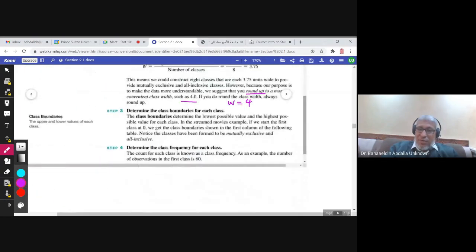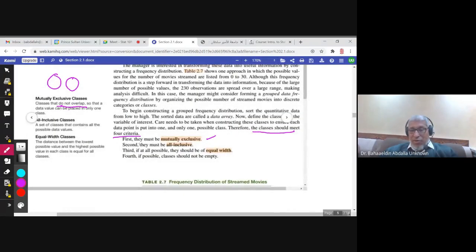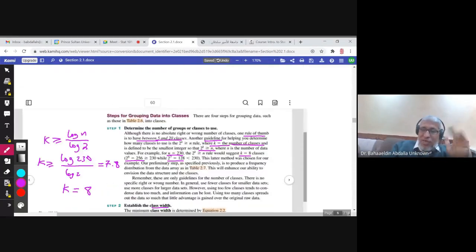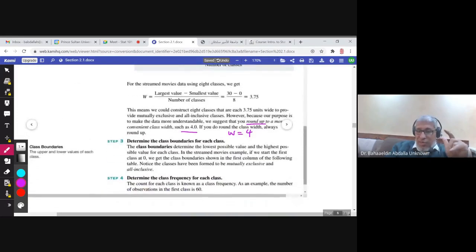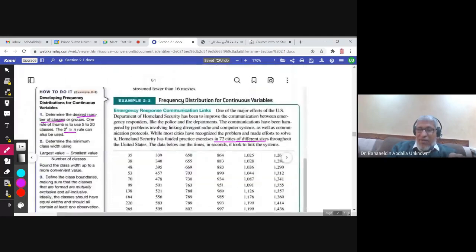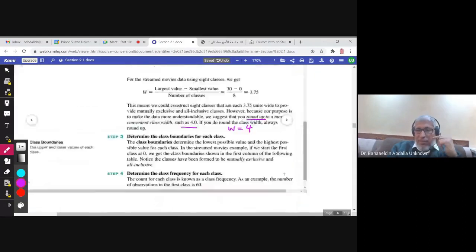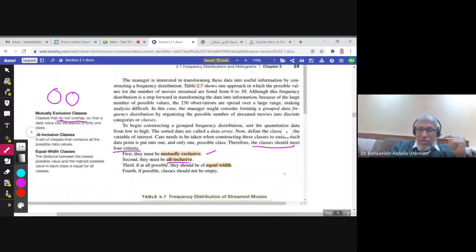The second point is that the classes should be all inclusive, meaning they contain all the data. All the data should be included in the classes. Especially, you have to make sure that the smallest one, 35, is included, and 1492 is included. Also, the width preferably should be equal. The width should be equal.